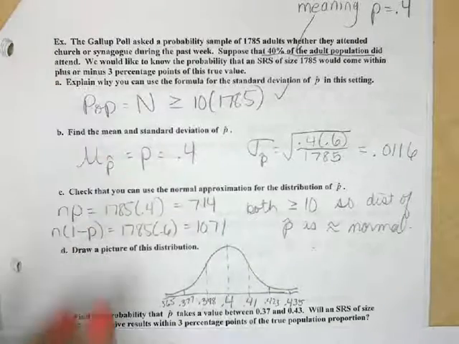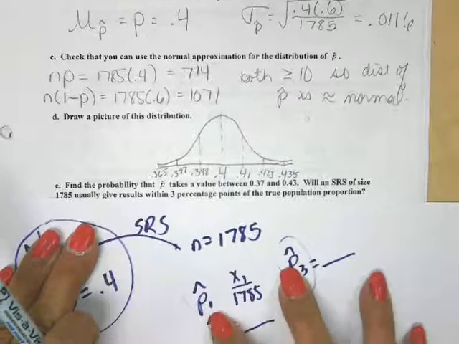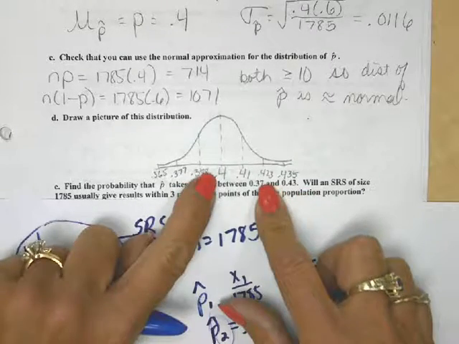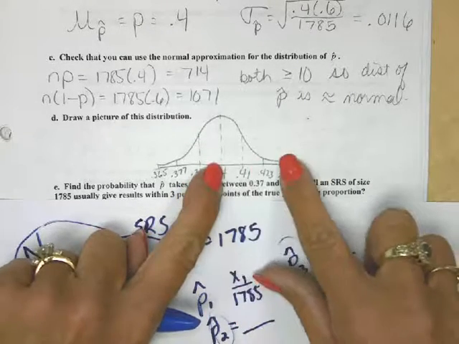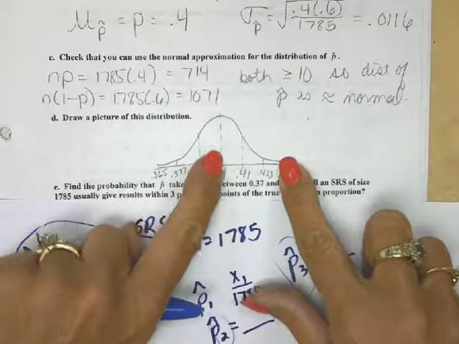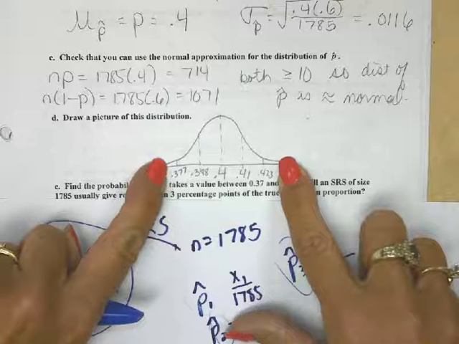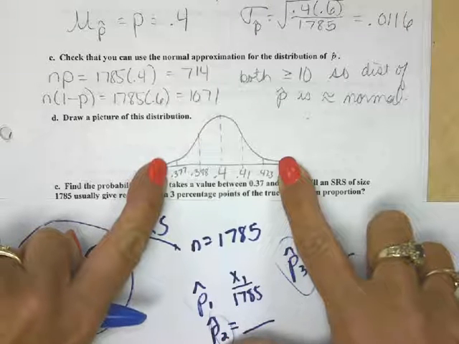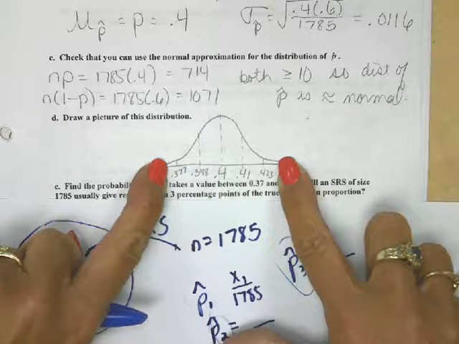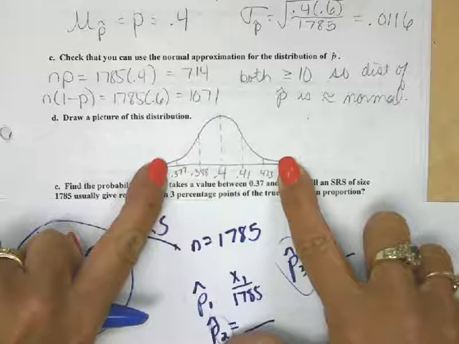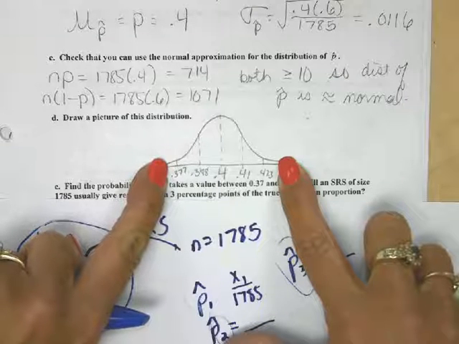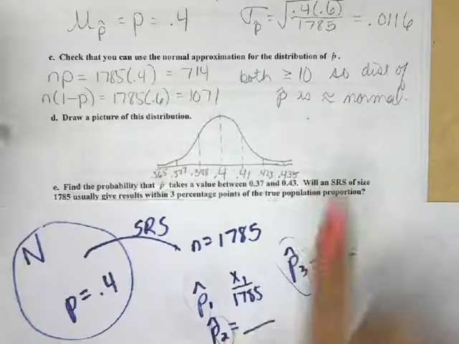So let's go back down to this picture. What does that mean? We want to know if we go up to about 43% or down to about 37%, what percent of the time would our sample p hats be within that region? And this is our sampling distribution. I don't know about you, but it looks like it's going to happen most of the time. Well, let's calculate it.